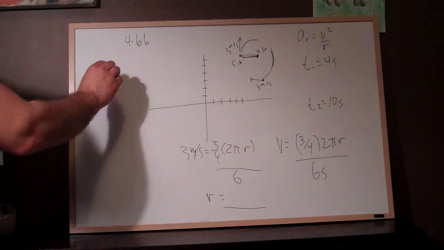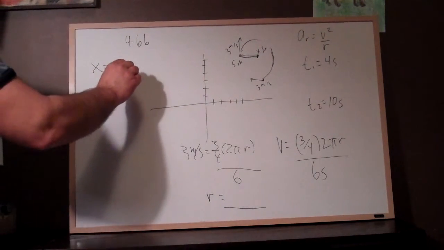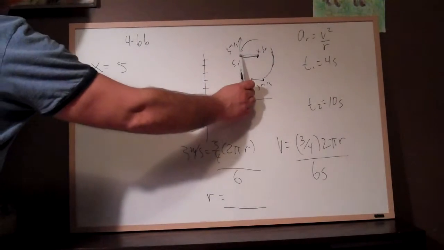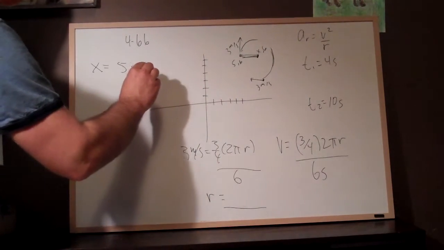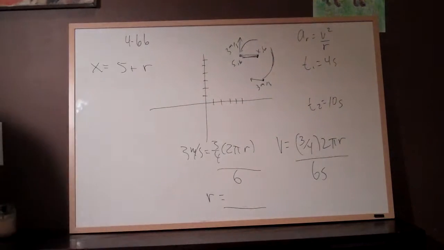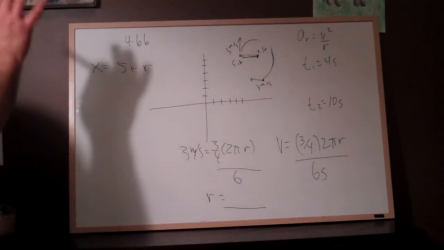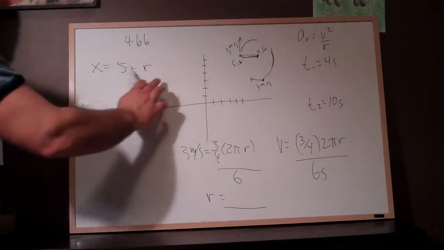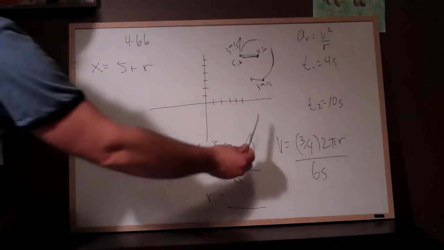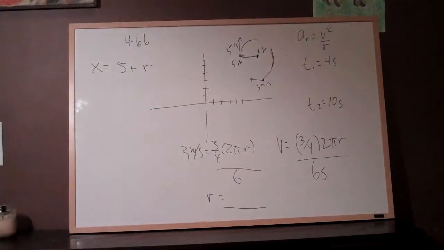So the x coordinate of the circle would be 5, this 5, plus the radius. And the radius you'll get from this. So, the center of the circle, it's centered on this x coordinate, and 6 is the y coordinate. Good. Hopefully that was helpful.